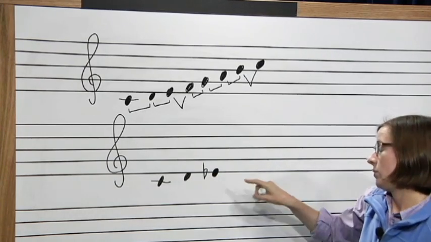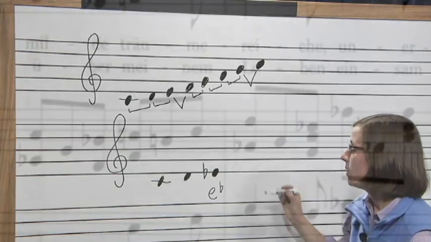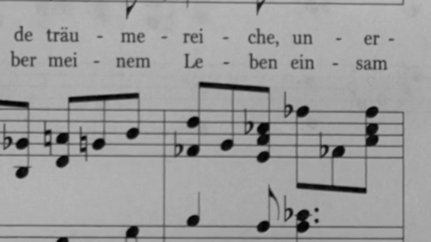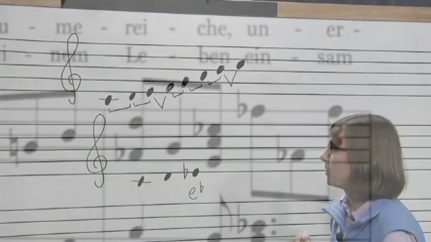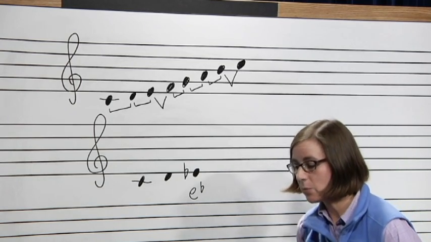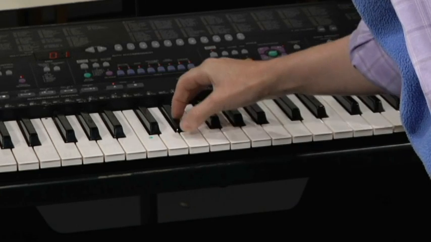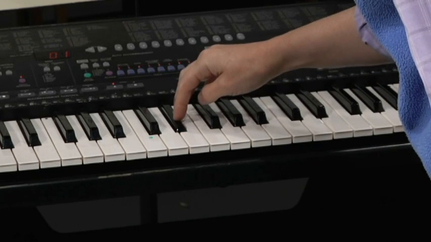It's a little bit confusing because when we say it, it's E flat, but when we write it, we put the flat in front of it. Whenever there's a flat in front of a note, you lower it by half a step. On the keyboard, here's the E, and when we go down, now we've got an E flat.